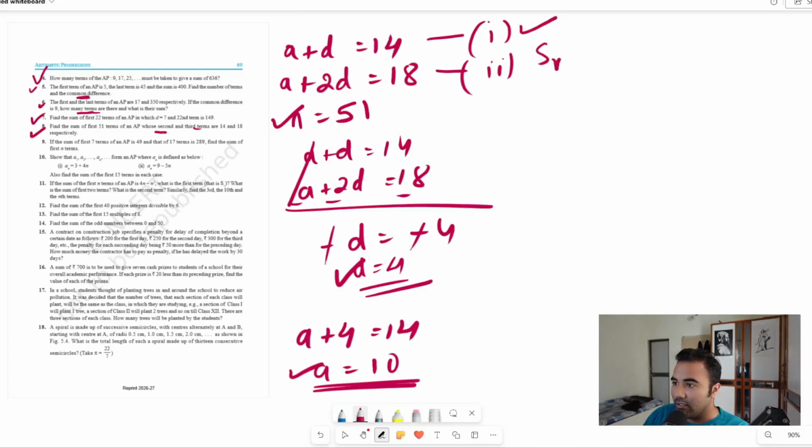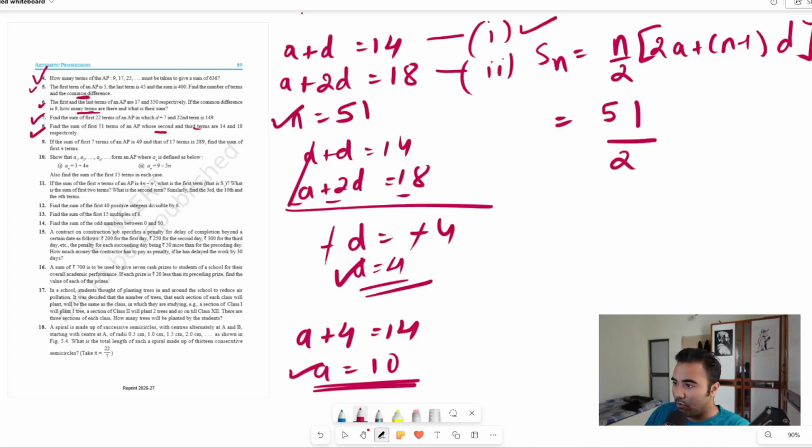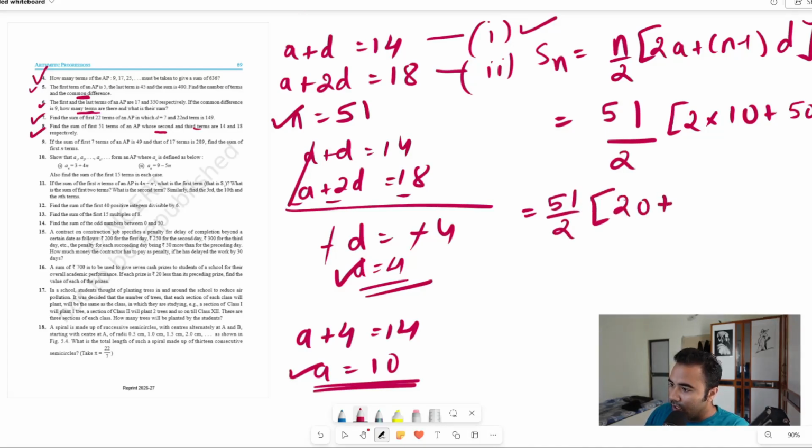So Sn is equal to n upon 2, 2a plus (n minus 1)d. So n is 51 upon 2, 2 into a, a is 10, plus 51 minus 1, 50, into common difference 4. 51 upon 2, so this is 20 plus 200.